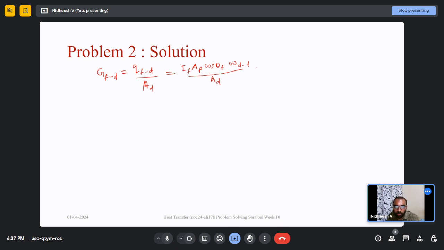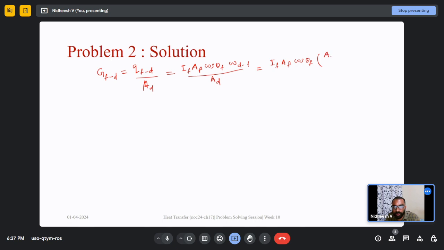Now this we can expand as intensity of emission from the furnace multiplied by AF, this is same, into cos theta F, same, and the solid angle can be written as, how can we write the solid angle?